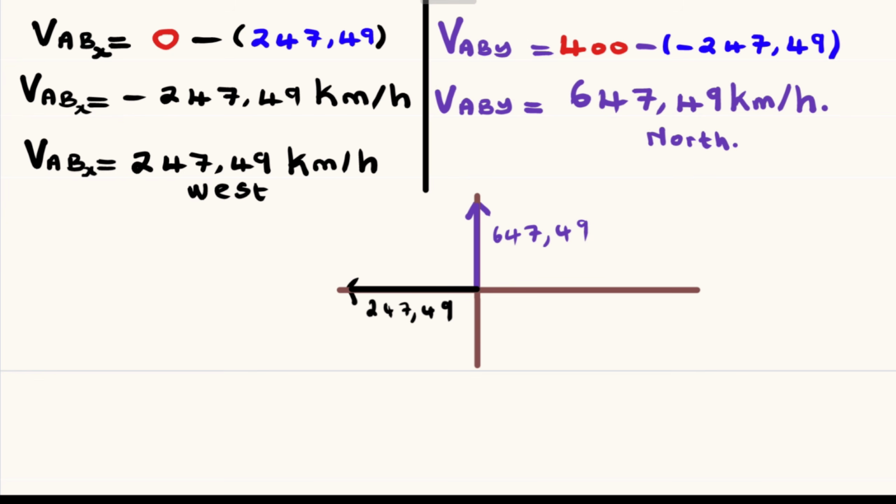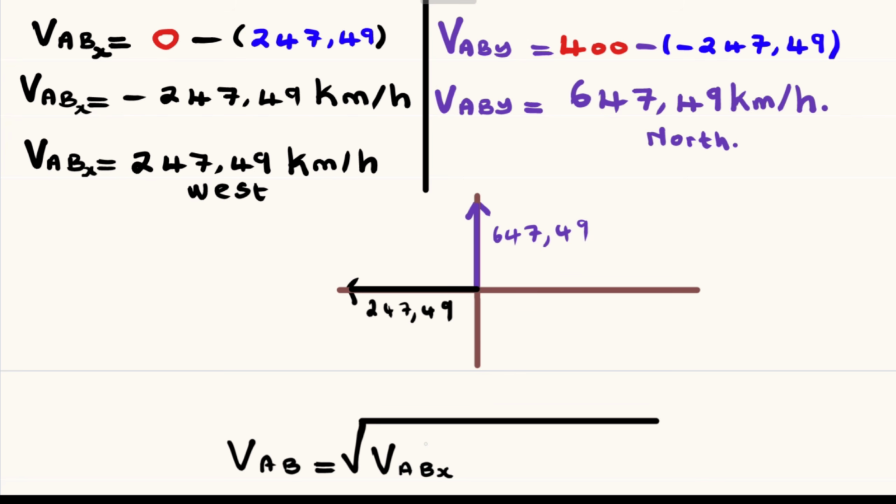So the resultant, the velocity of A relative to B, will be equal to the square root of the horizontal component, the velocity of A relative to B on the x squared, plus the velocity of A relative to B on the y, or vertical component, squared.